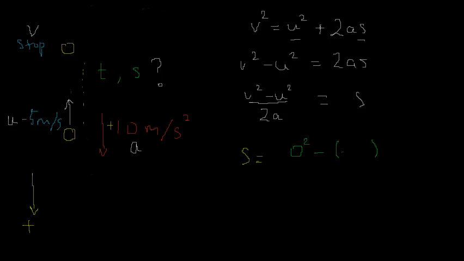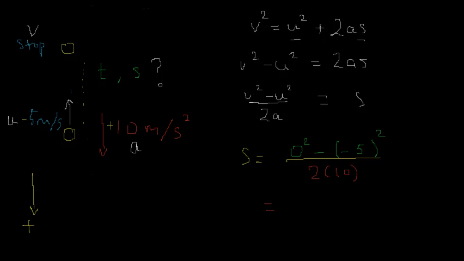So U is minus 5 squared, divided by 2A. Okay, and A we know is plus 10. So here we are, 2 times 10.